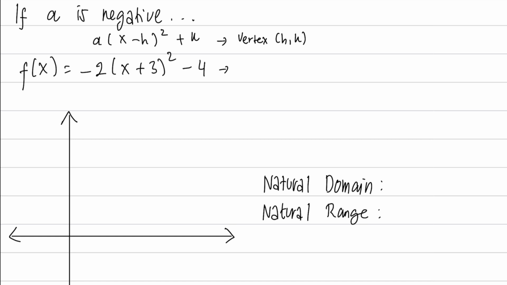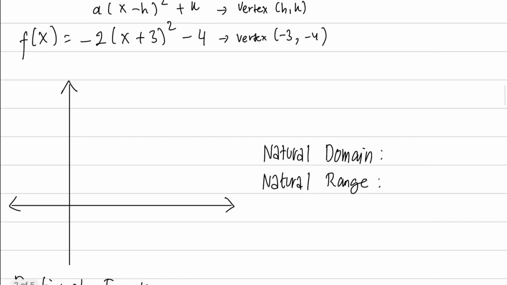That means for this function, pay attention, this is like x minus h, the vertex is h. This one is x plus 3. That means the vertex is the opposite, which is negative 3. This is negative value, you take positive. This is positive, do the opposite, negative. But this one, we take the number directly for the k, which is minus 4. So our vertex is minus 3 comma minus 4.